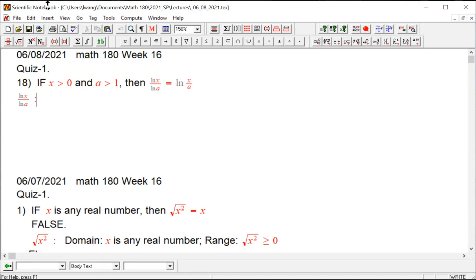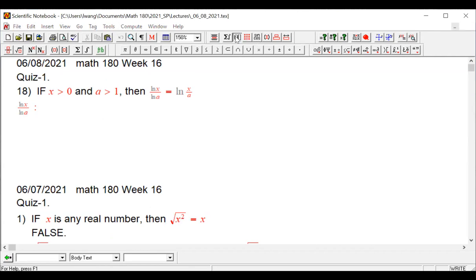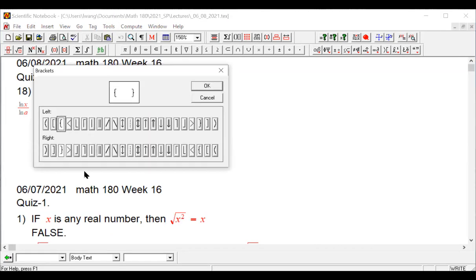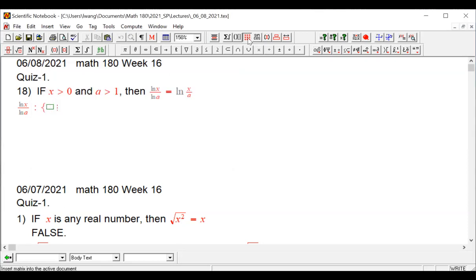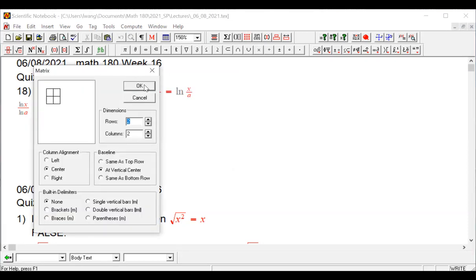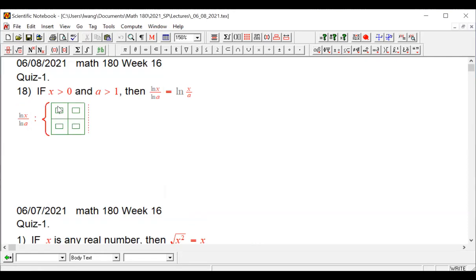by order of operation, once again. So we have these two expressions. The input is x, and then the function is ln x, and these two could work at the same time, in parallel, with ln a.